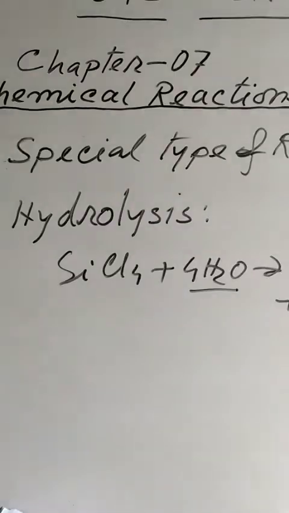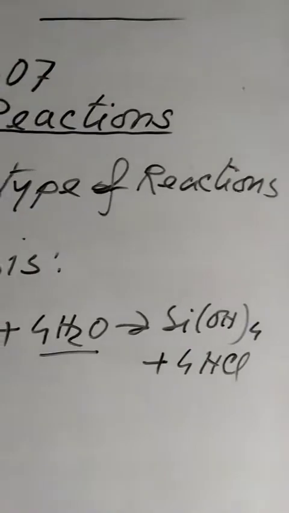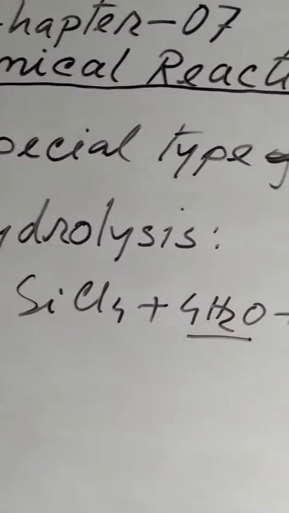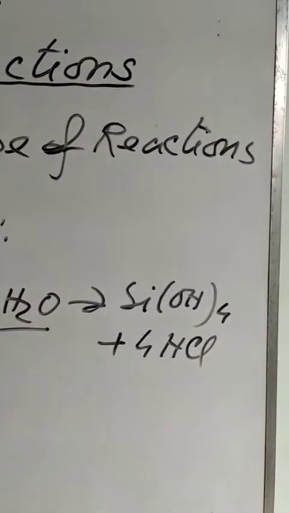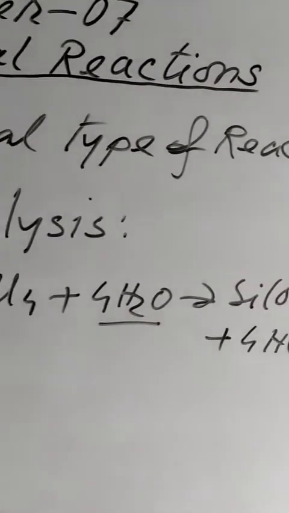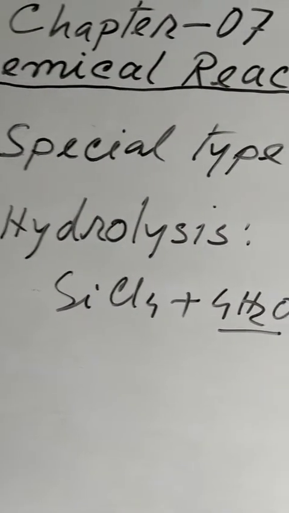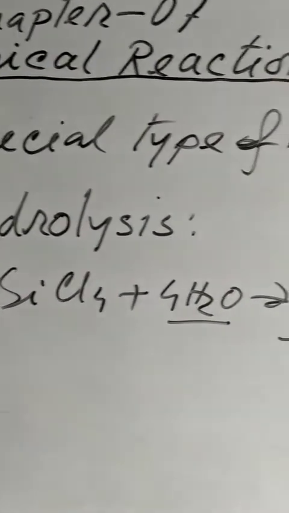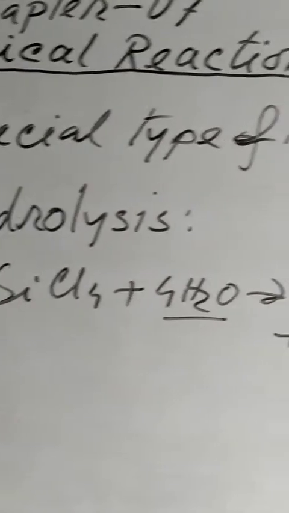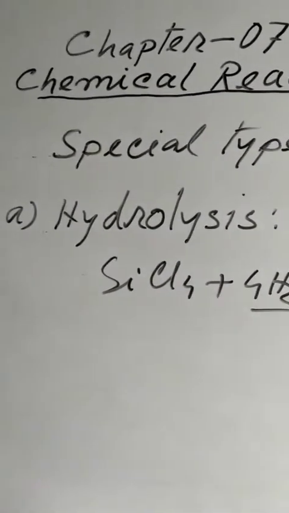Here water participated in the chemical reaction. So here water is broken. Hydro means water, lysis means breaking. So water is broken and participates in the reaction, producing different compounds. So this reaction is called a hydrolysis reaction.